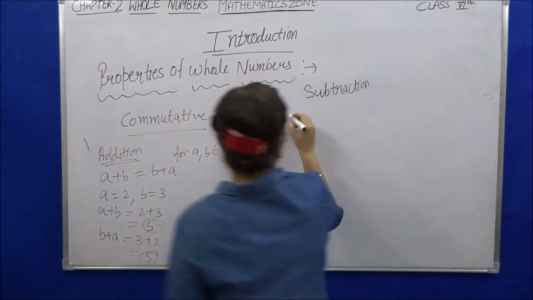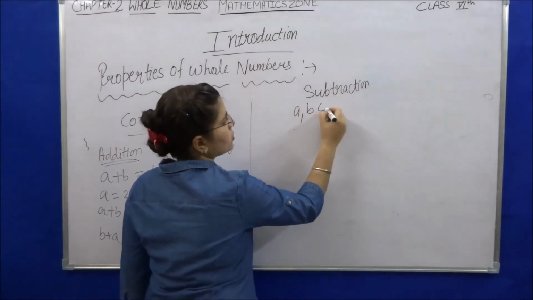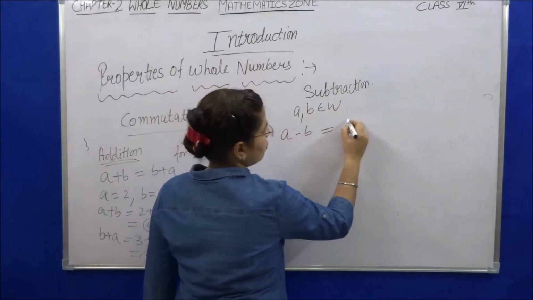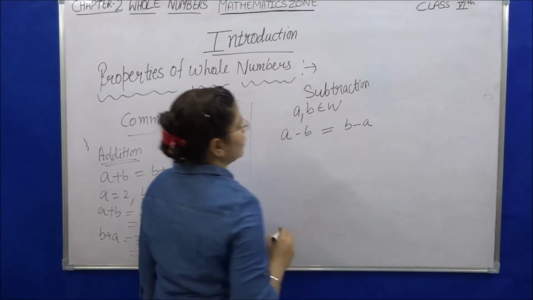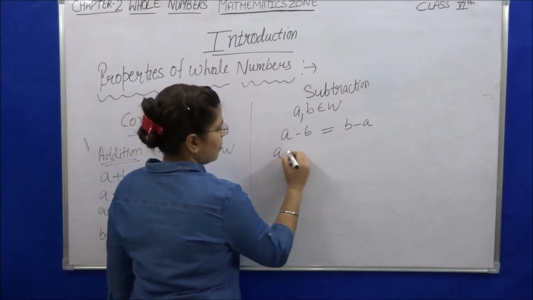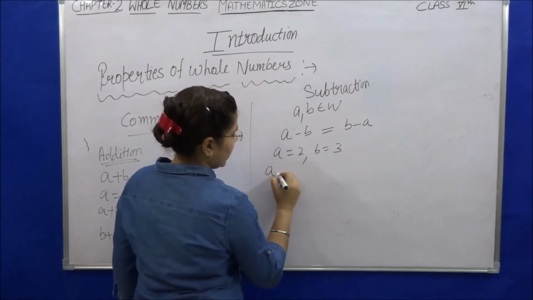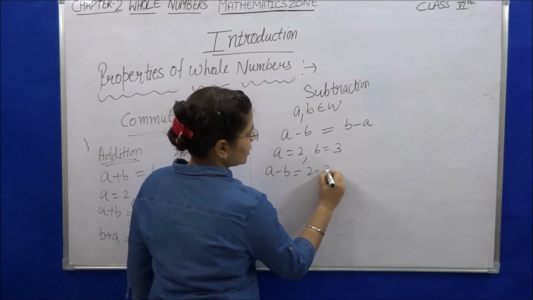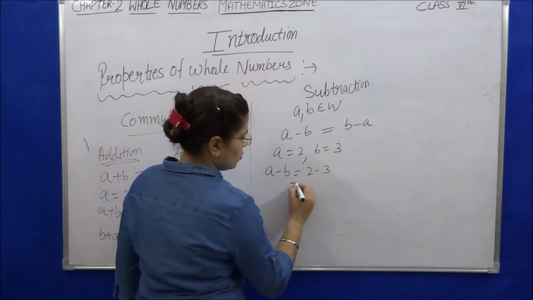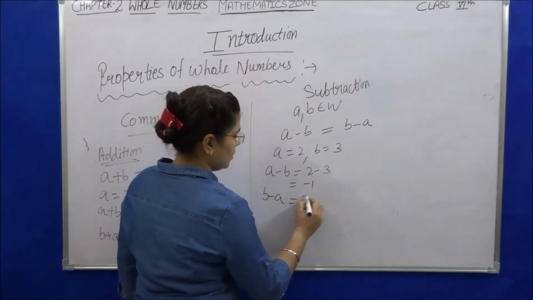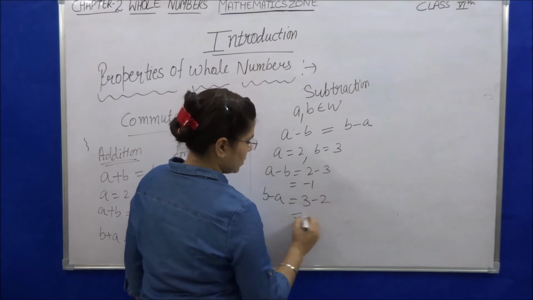That is, for A and B belonging to whole numbers, A minus B should be equal to B minus A. Let us consider an example. A is 2, B is 3. Then A minus B is 2 minus 3, which is equal to minus 1. Now B minus A is 3 minus 2, which is equal to 1.